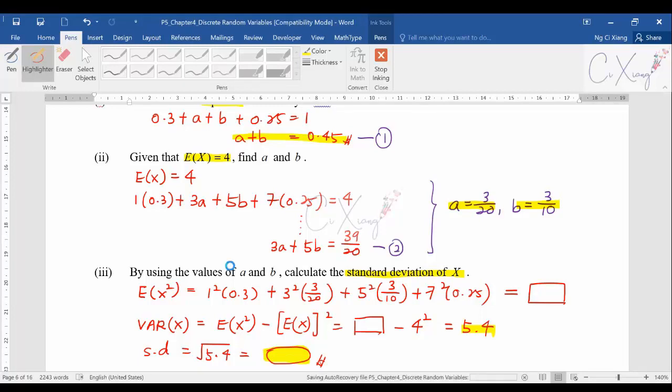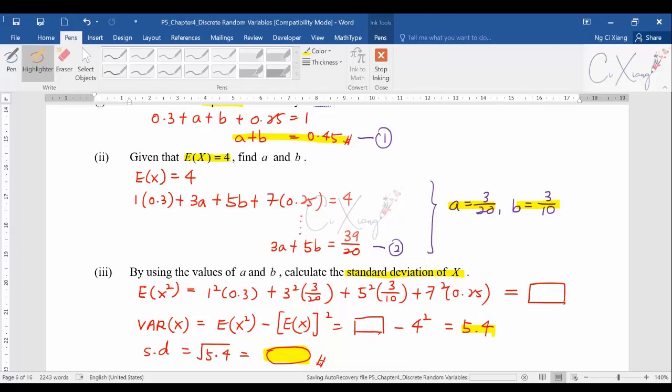Not very hard actually. So just make sure that you know the correct process that you need to remember, the correct steps. So you can have a look at example 8. If you look at example 8, you will see that it is not a hard question also.